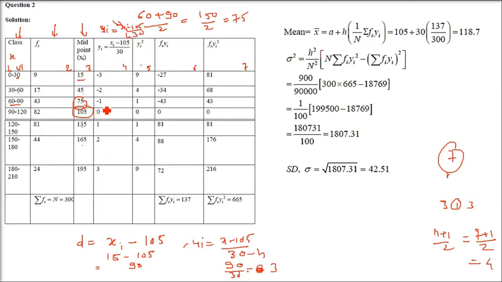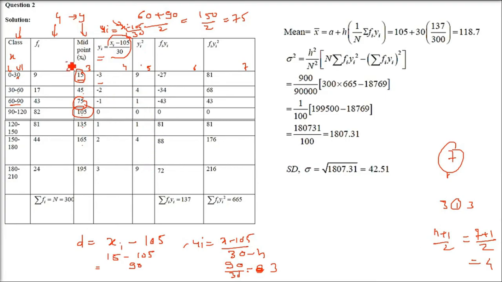So for every element we have done this. 15 minus 105 divided by 30. Next, 45 minus 105 divided by 30. Every element. Now you square it. In the previous exercise we used u. This time we are using y. It's up to you. So now square it.